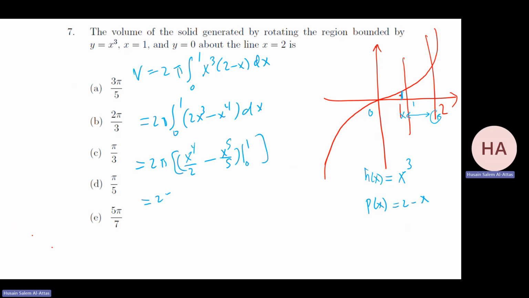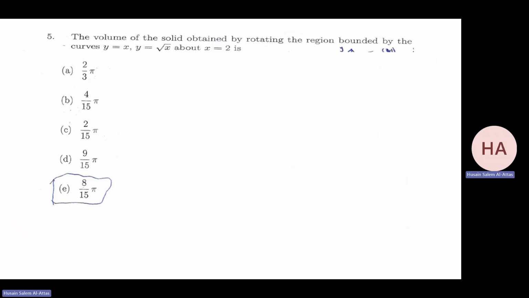Yeah. 2 pi times half minus 1 over 5. That gives me 2 pi times 3 over 10, which is 3 pi over 5. Okay, good. That was a quick one.